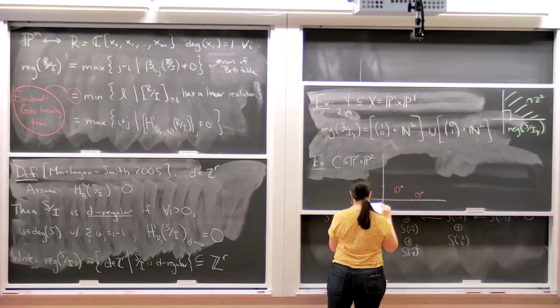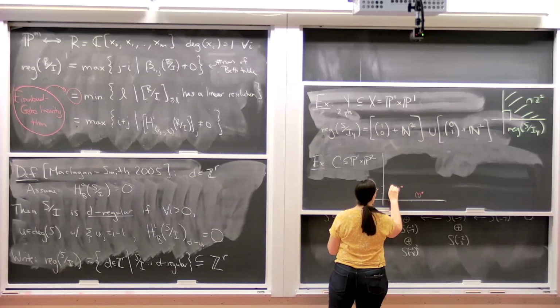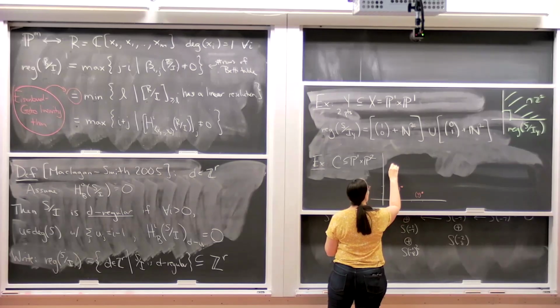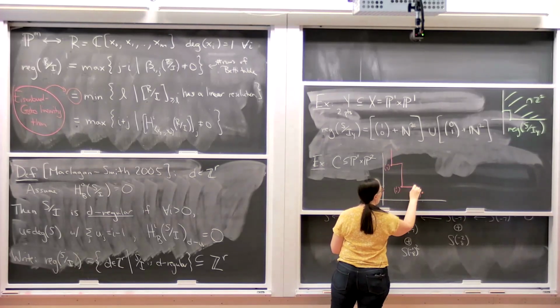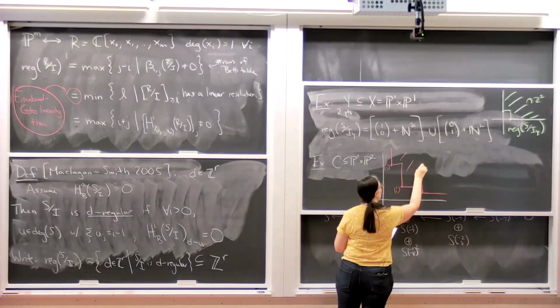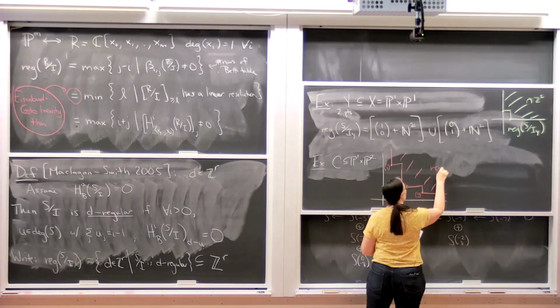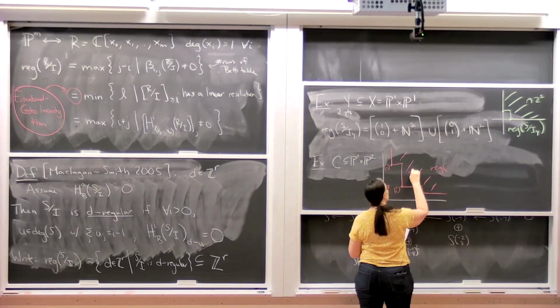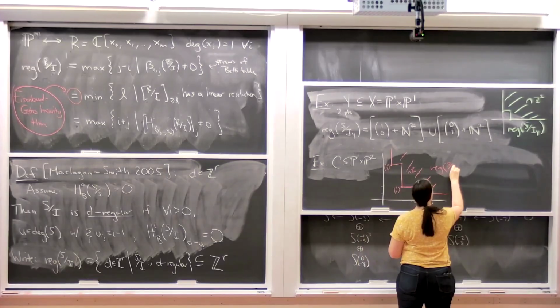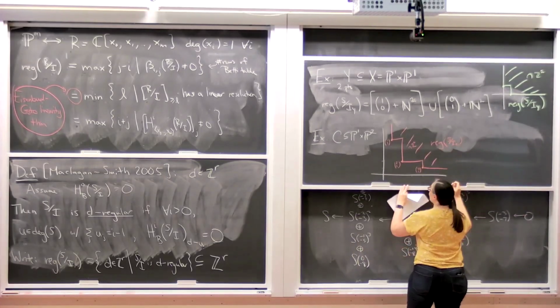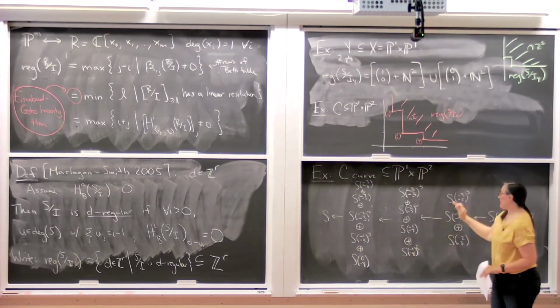And is it 1, 5? Right, so we're intersecting, of course, with the integers. Okay. So this happens to be the regularity for this thing.